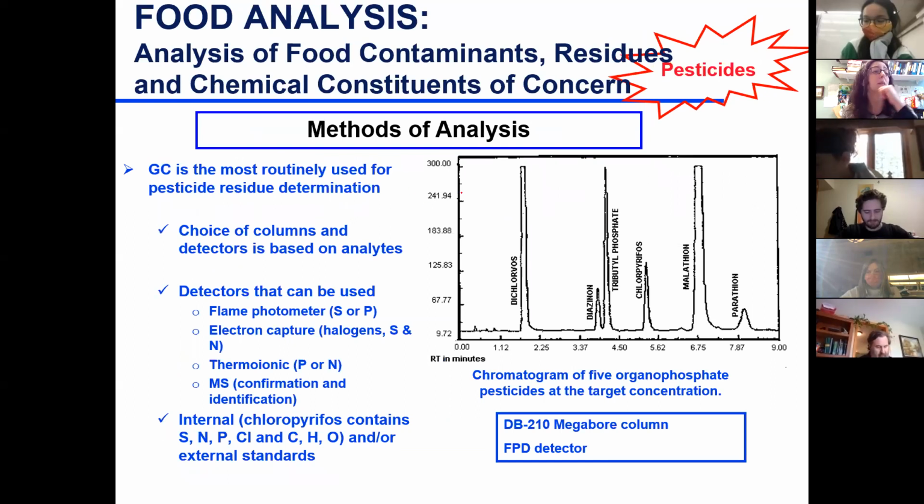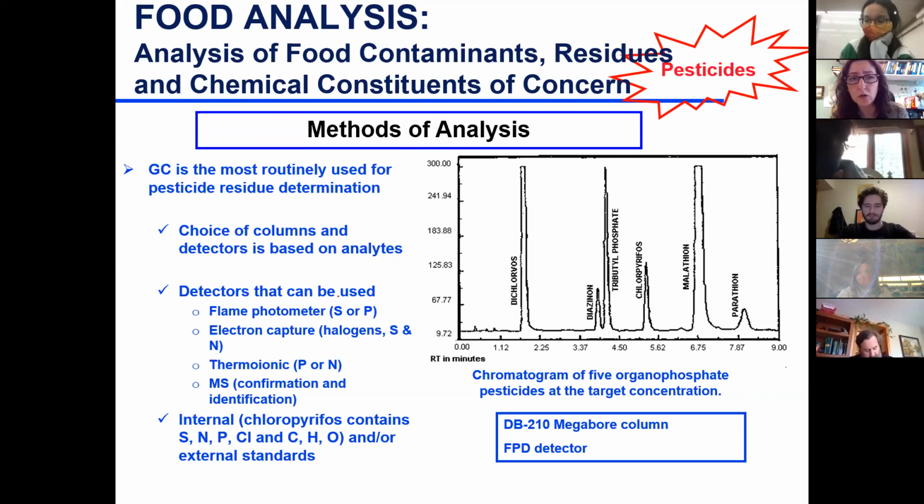So this is a multi-residue assessment of a few pesticides. Here, if they are non-polar and volatile pesticides, then they can be done using GC. And then the detector can be either flame photometer or electron capture, for example.